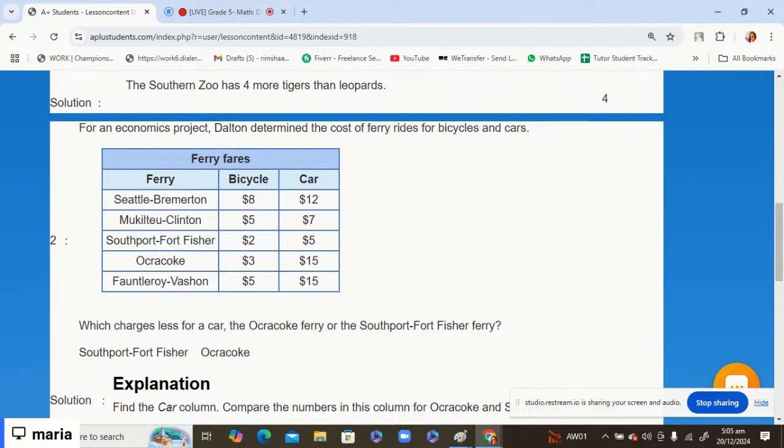The bicycle fares are $8, $5, $2, 3 and 5. For the car it's different: it's 12, 7, 5, 15, and 15.